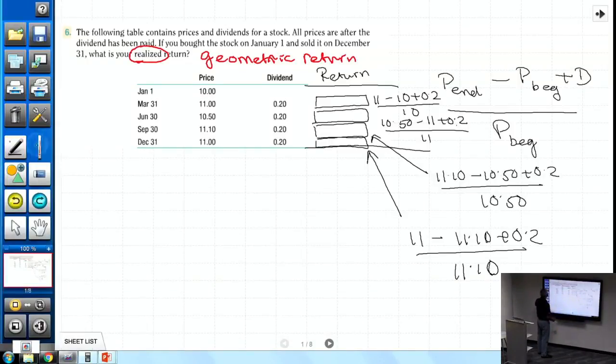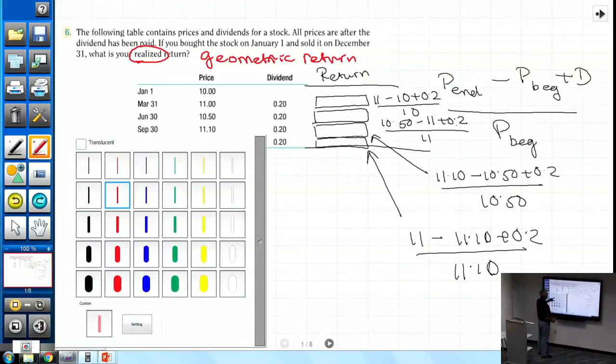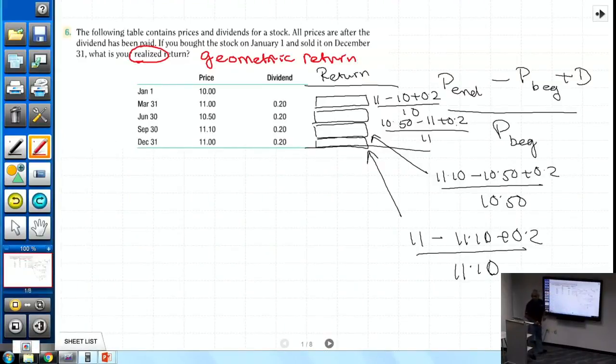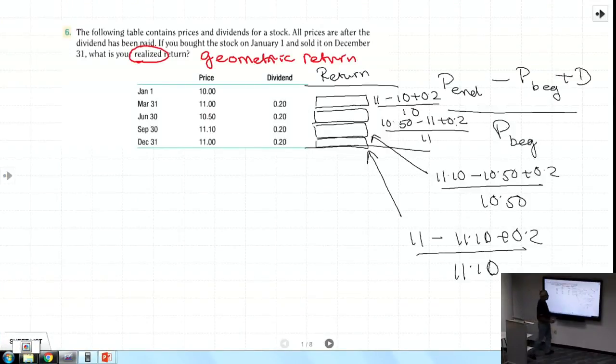So if we do the math, we will find that the return for the first period is 0.12. For the second period is negative 0.027. For the third one is 0.076.